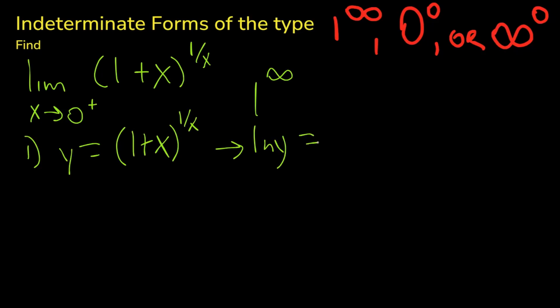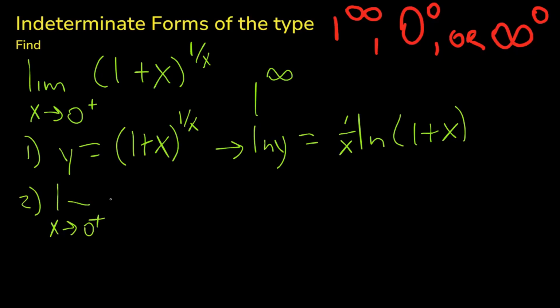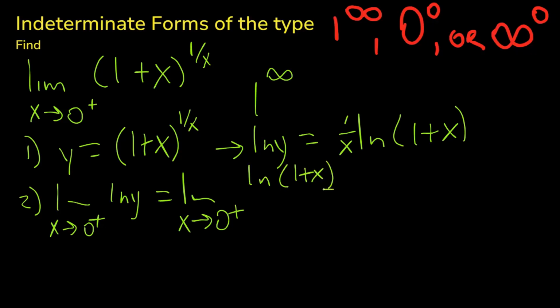Natural log of y is going to equal natural log of 1 plus x to the power 1 over x, but by the power property, I can rewrite that as 1 over x times natural log of 1 plus x. Then we can take the limit as x approaches 0 from the right of natural log y. And I'm going to rewrite that as natural log of 1 plus x over x.